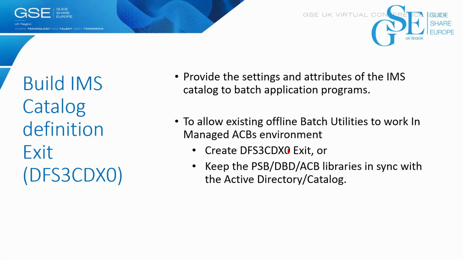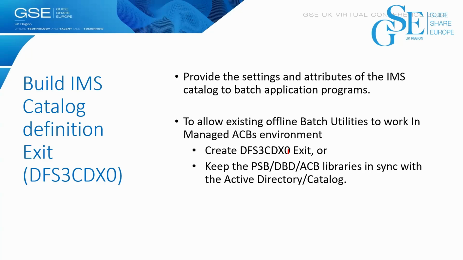All that information can be taken from this exit. So this is just an alternative that is available, that can be used instead of reading the DFSDFxxx member of your PROCLIB data set in the batch JCLs.